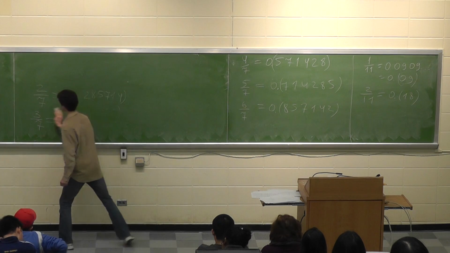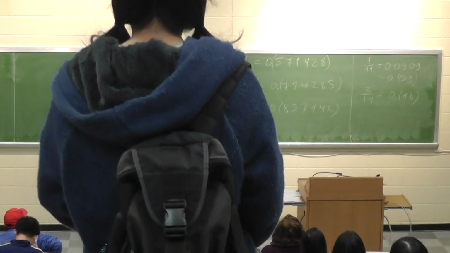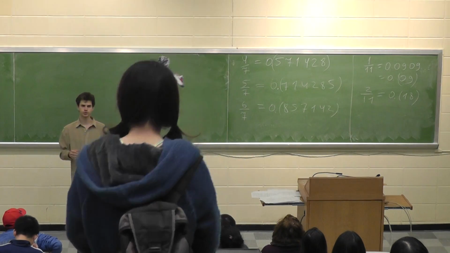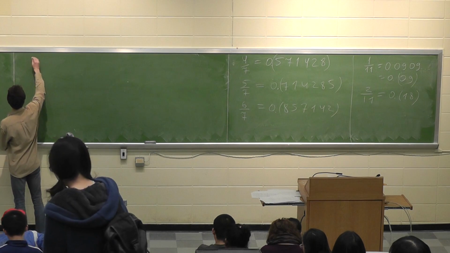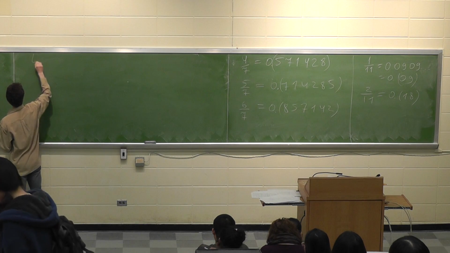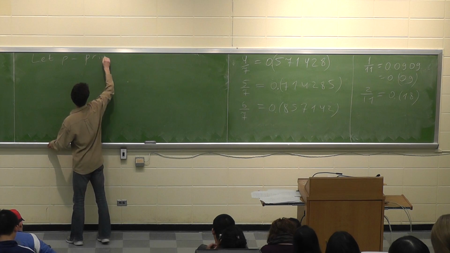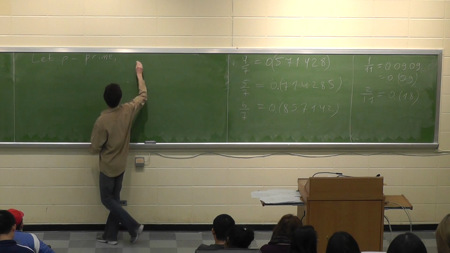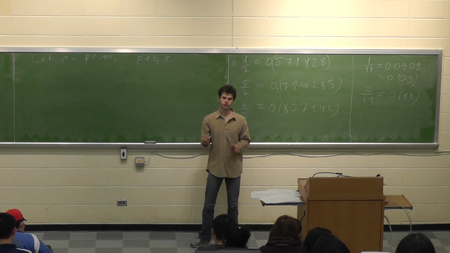So first of all, first question, why is there some period? Why is it always true that if you take, let me keep my number prime, so then p prime, and let me make it not equal to 2 and not equal to 5.